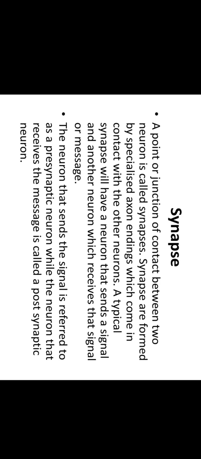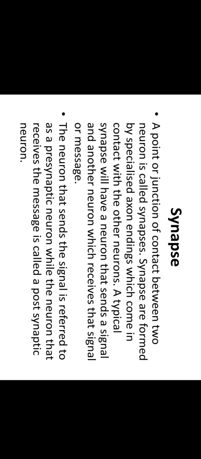The neuron that sends the signals is referred to as a presynaptic neuron, while the neuron that receives the message is called a postsynaptic neuron. So these are two new terms, presynaptic and postsynaptic.